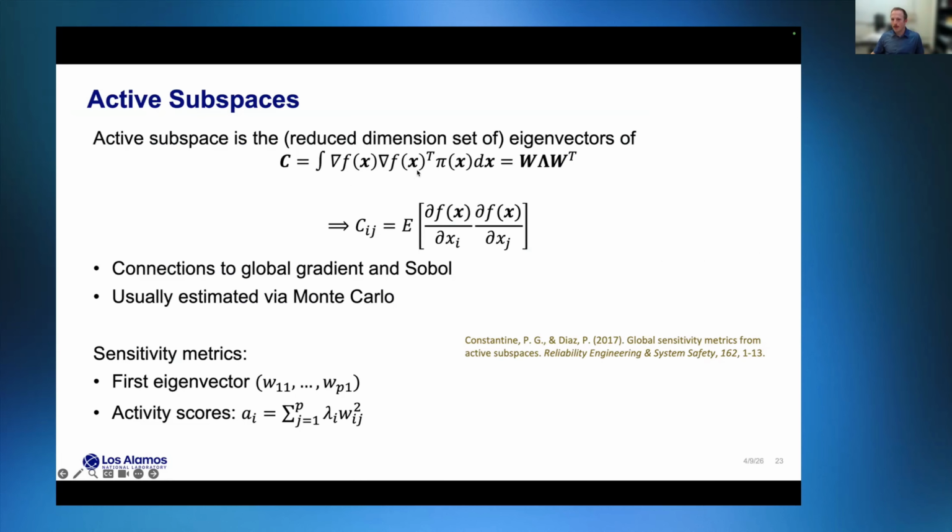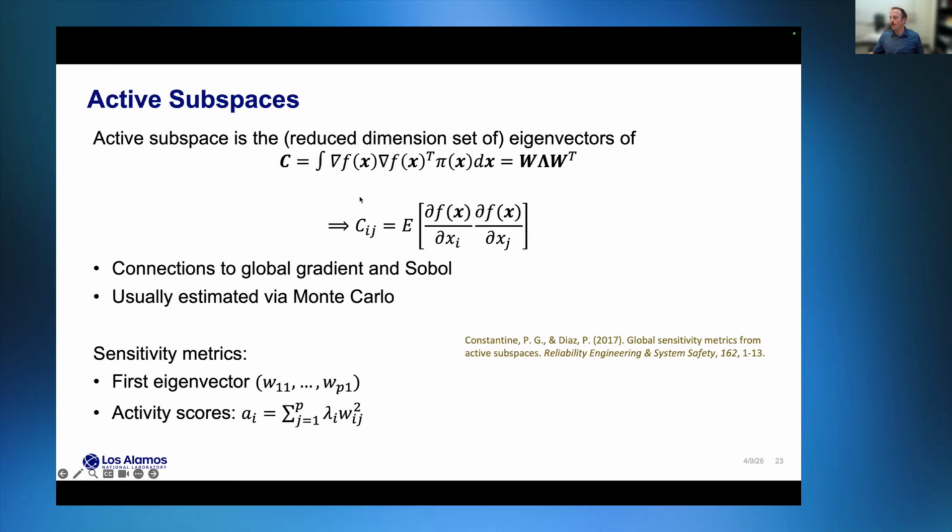This is a p by p matrix right here, where p is the number of inputs. And then I have pi of x here. I'm taking the expectation of this matrix. And if I further decompose that with the eigen decomposition, the active subspace is like the eigenvectors that go with the dominant eigenvalues in that eigen decomposition.